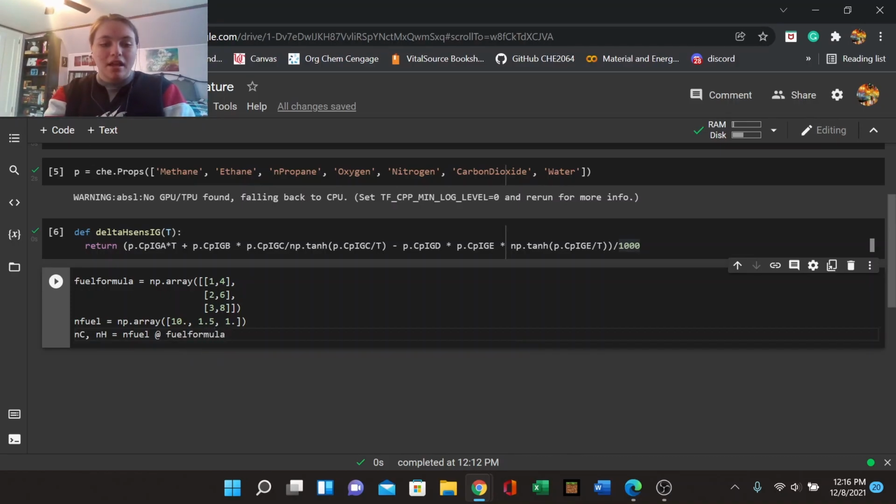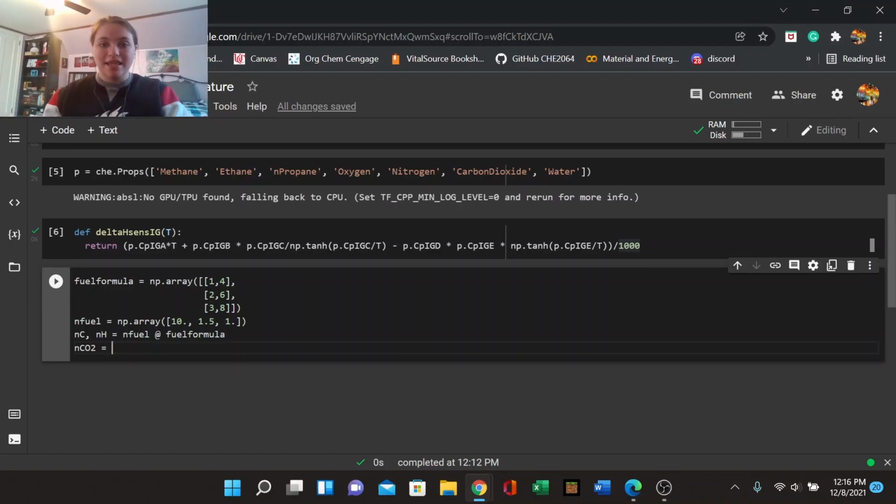Okay, and now we can do our N carbon dioxide, or moles of carbon dioxide. In that equation the only thing that contains carbons is the carbon dioxide, so our moles of carbon dioxide is just going to be moles of carbons.